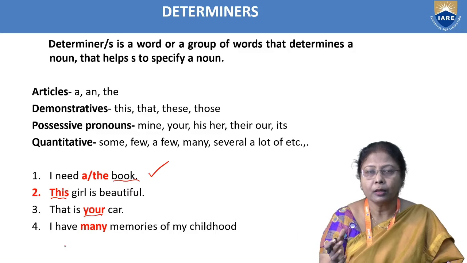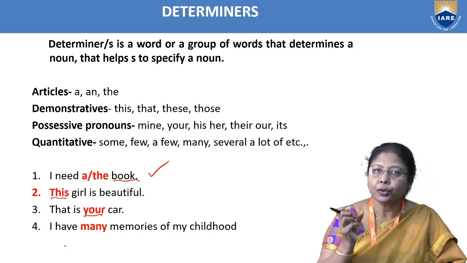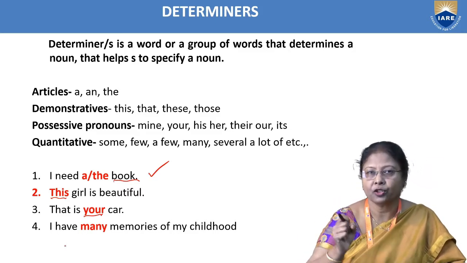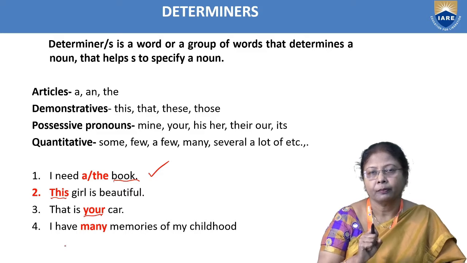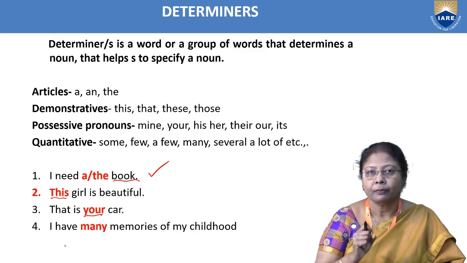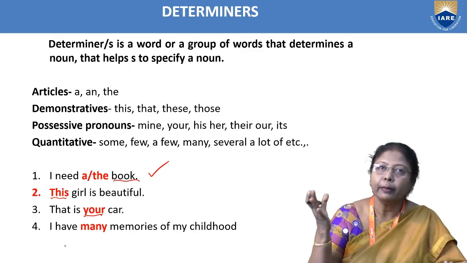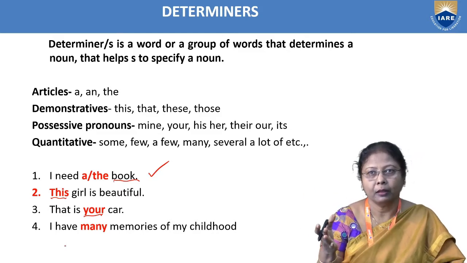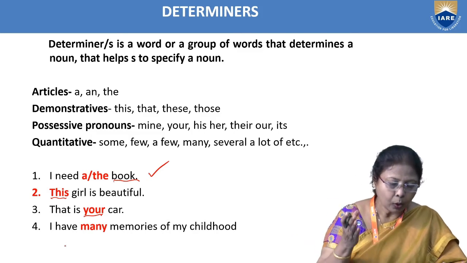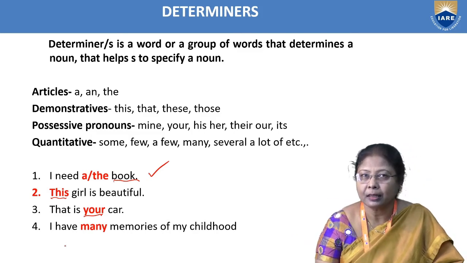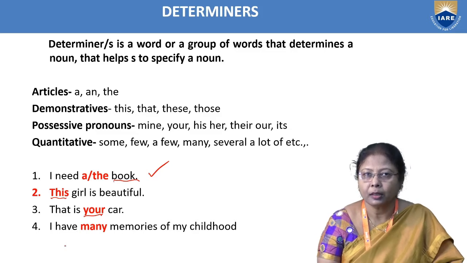So all these are quantitatives, which show the number, how much: some, few, a few, many, several, a lot of. All these we call quantitatives, they express the quantity.